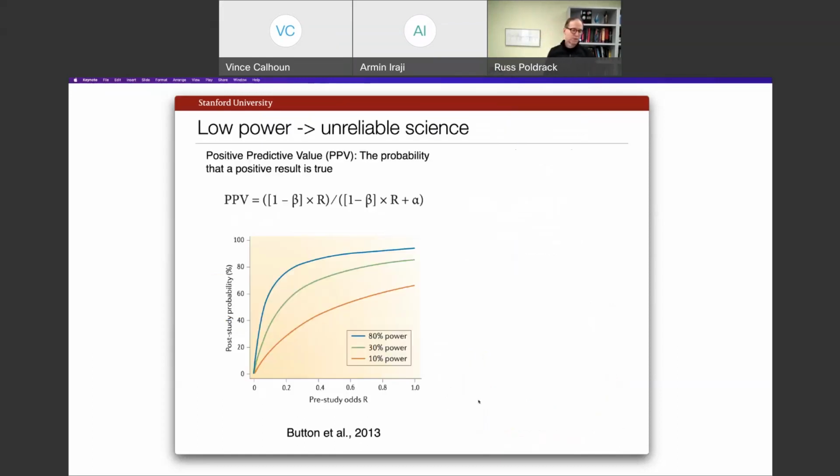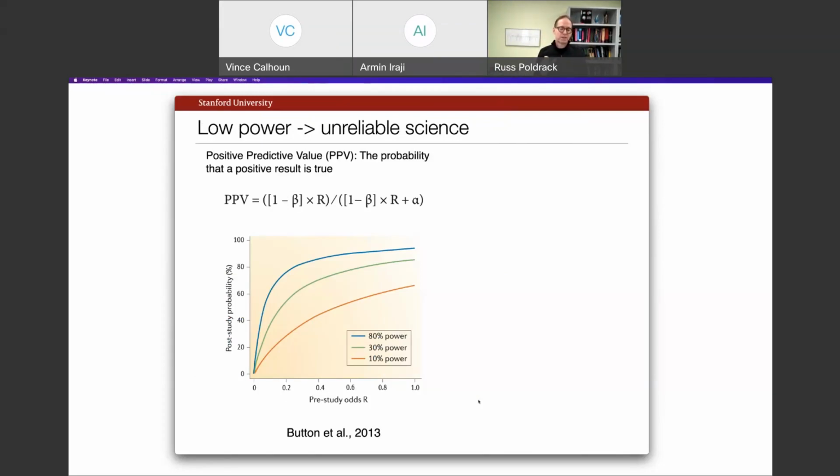Now you might say, well, that's fine. As long as we're controlling type 1 error, then if our power is low, we just won't find things very often. But it turns out that type 1 error may not be the thing that we're so worried about. Ioannidis first pointed out in his 2005 paper, and Button et al. laid it out in their paper, that one of the problems with low power is that it leads to a low positive predictive value.